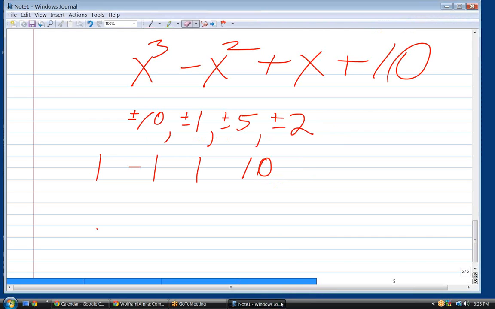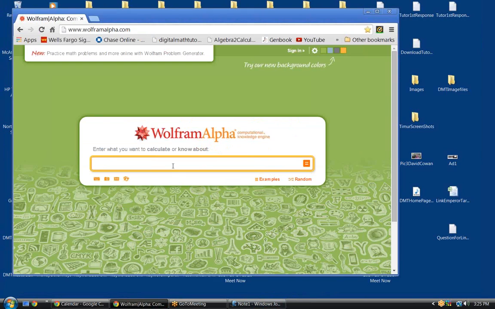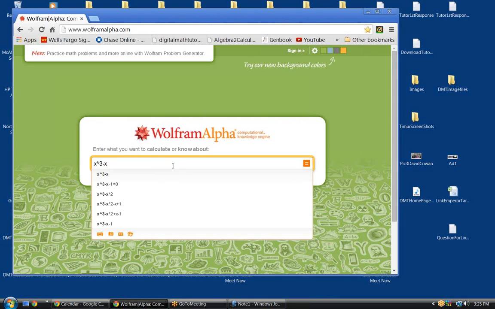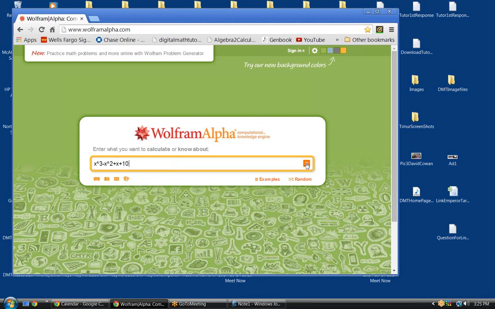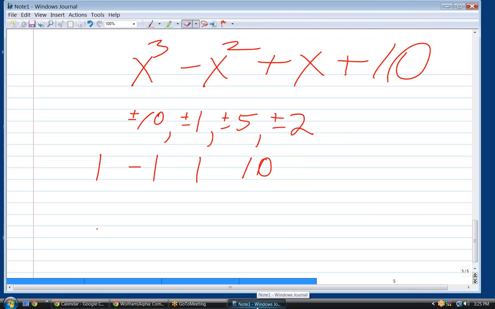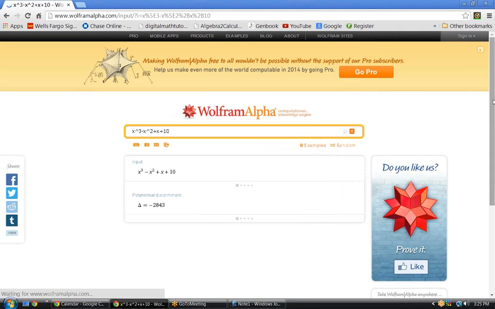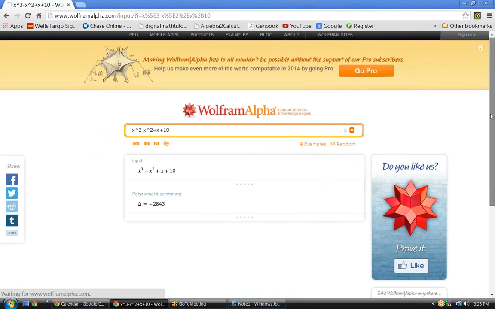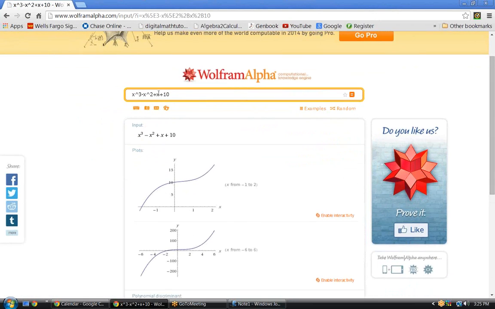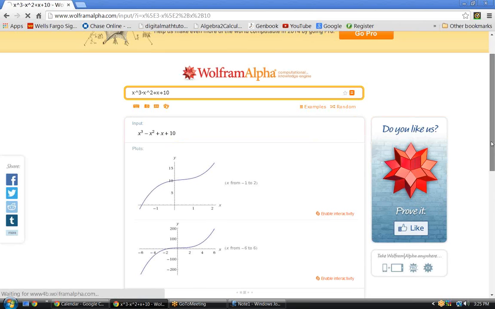So x cubed minus x squared plus x, was it plus 10? Yeah. The beauty of Wolfram Alpha is it shows you what you put in, which is nice. Your calculator doesn't do that.